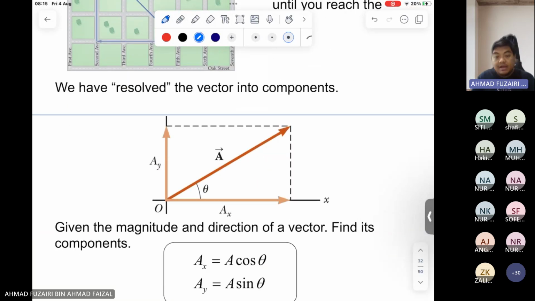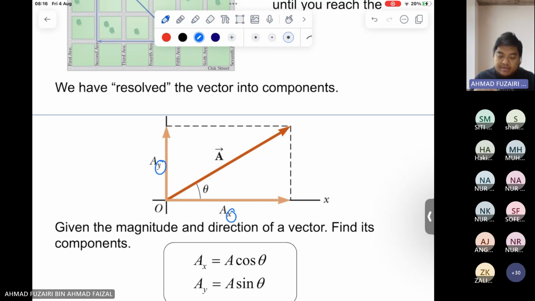If you have vector A over here, it must come with two other axes: vector A in terms of the x-axis, noted as AX, and vector A in terms of the y-axis, noted as AY.